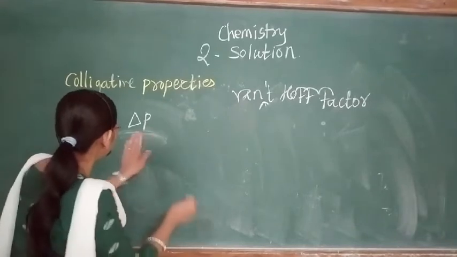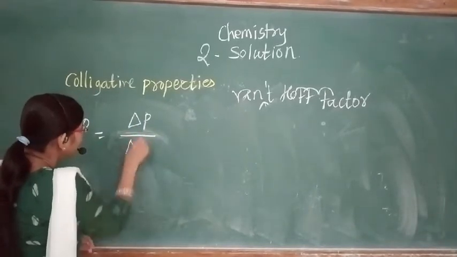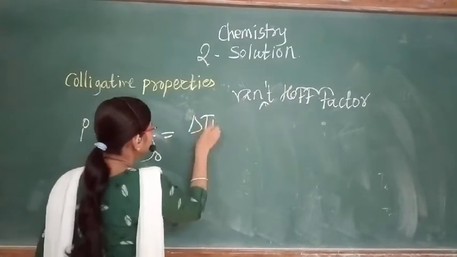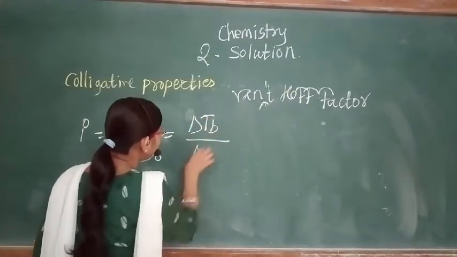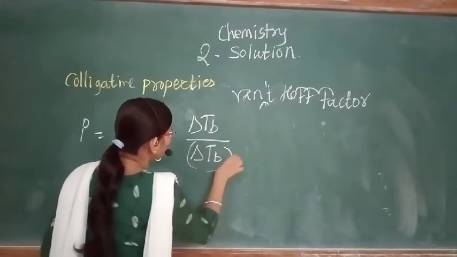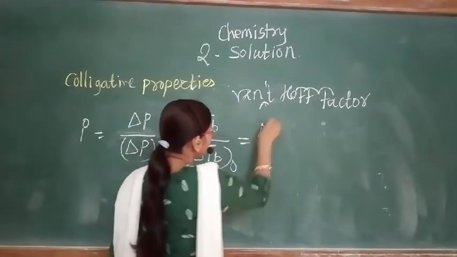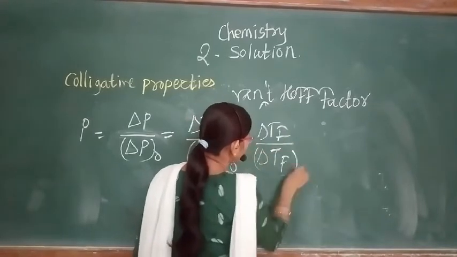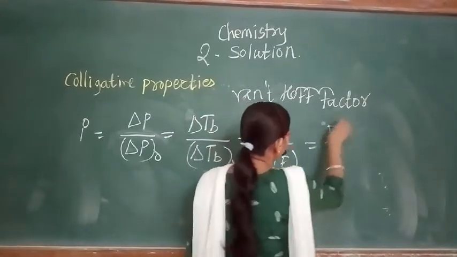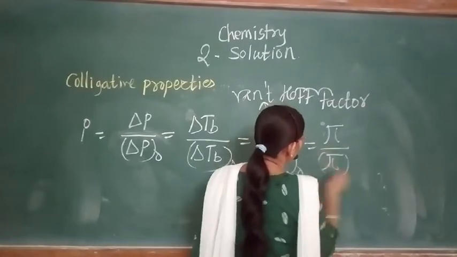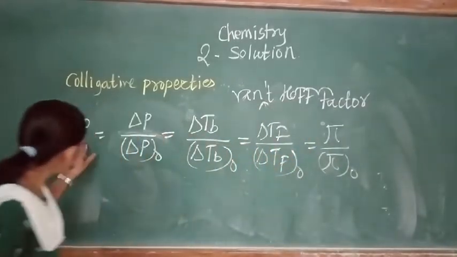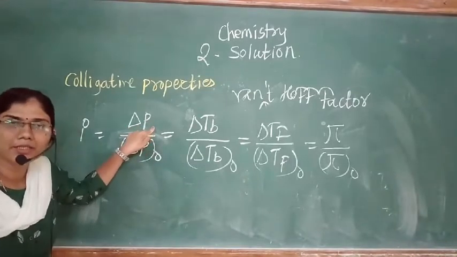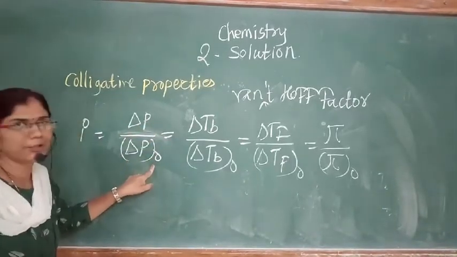Let's say that delta P upon delta P naught is equal to delta TB divided by delta TB naught, which is equal to delta TF divided by delta TF naught. I use the relation between observed colligative property and theoretical colligative property.